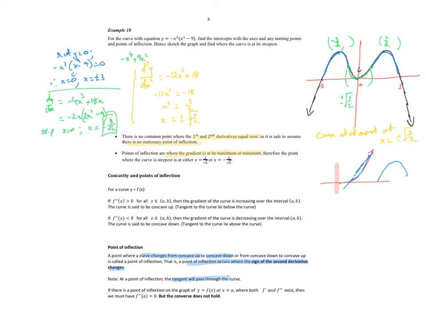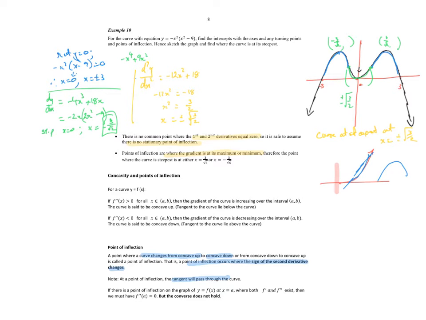If there is a point of inflection on the graph of y equals f of x at x equals a, where both f dash and f double dash exist, then we must have f double dash of a equal to 0, but the converse doesn't hold. In other words, if there is a point of inflection, and the derivatives exist, then the second derivative must be 0.